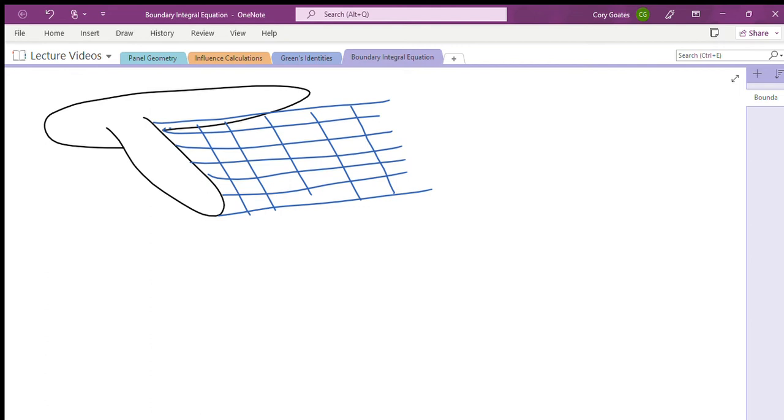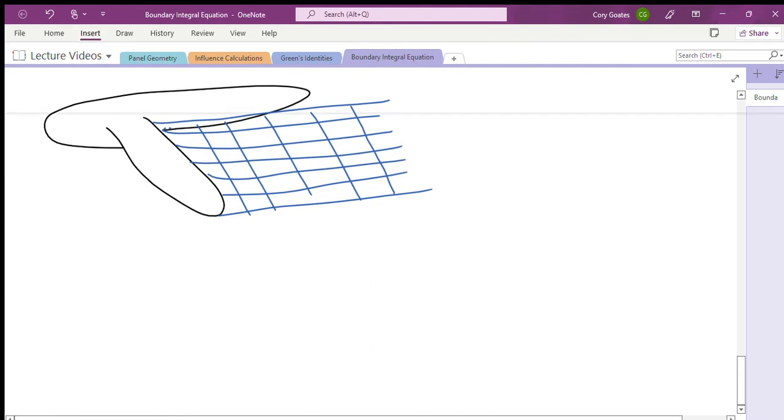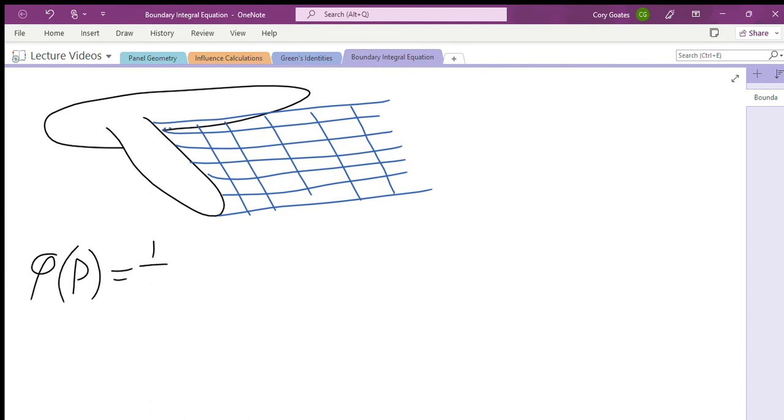So what we do is we rewrite the boundary integral equation and include now this wake surface. And it'll look like this. Phi at point P is equal to 1 over 4 pi.